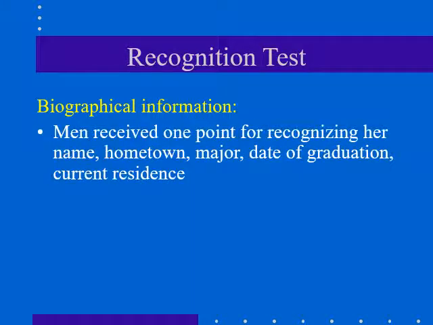So for biographical information, men received 1 point for recognizing her name, her hometown, her major, the date she planned to graduate, and where she was currently living. So men didn't have to come up with this, it wasn't free recall. There was a list of possible names, a list of possible hometowns, etc., and they just had to be able to recognize the correct answer.